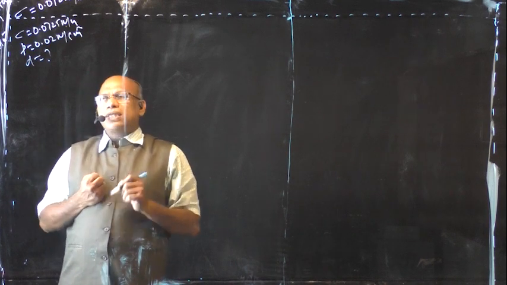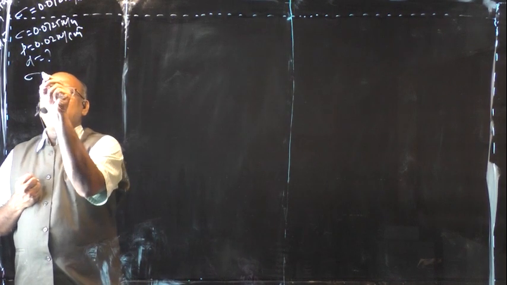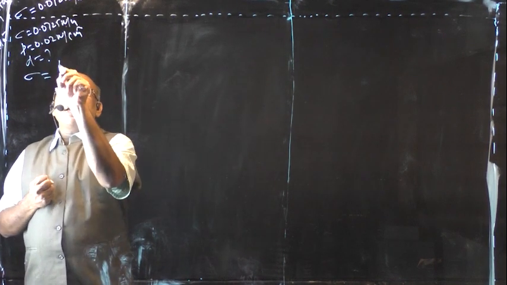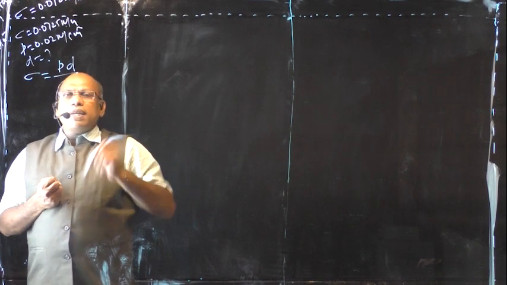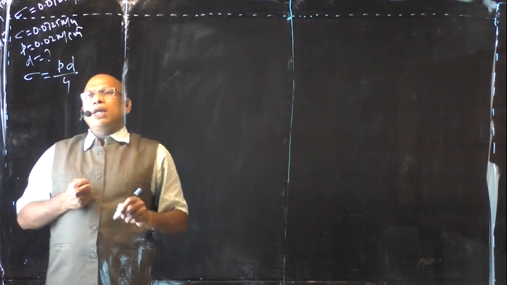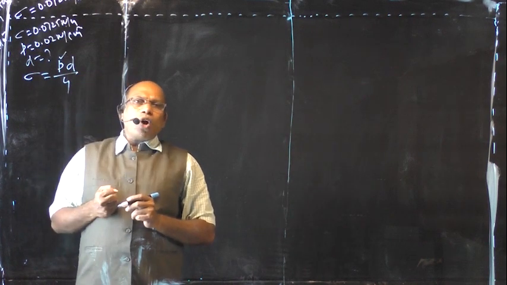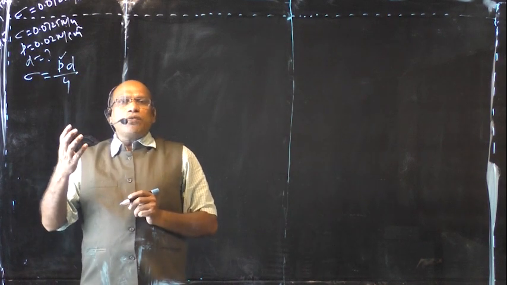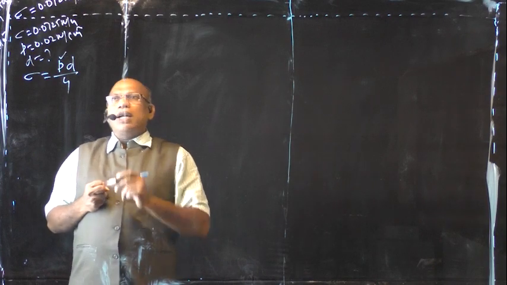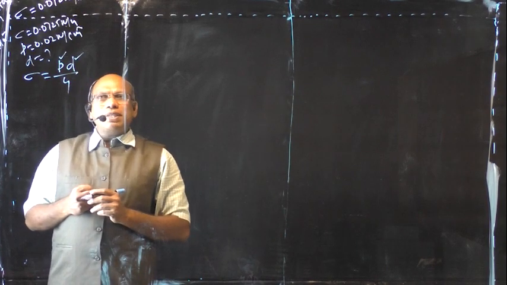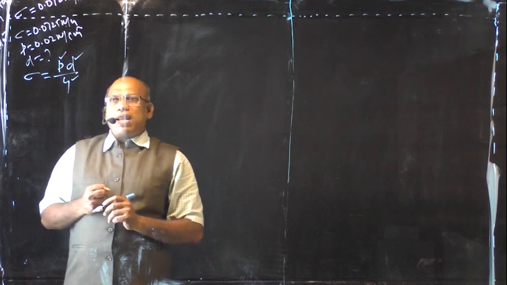That relation is sigma equal to P D by 4. P is the pressure intensity inside the water droplet, in excess of the outside pressure, and D is the diameter of the droplet.